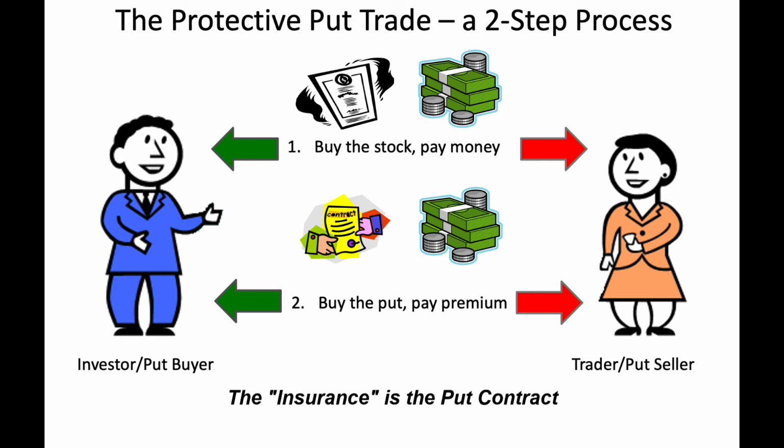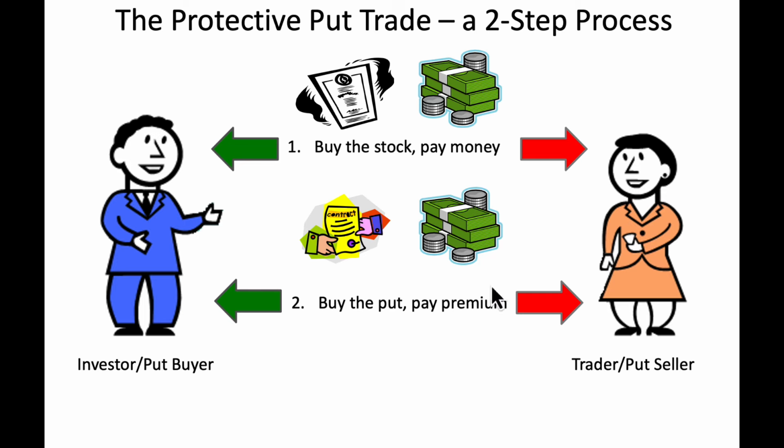So you, the put buyer, once again, give money to the seller of that put, which is going to be the trader as more or less the insurance company. You're going to buy the put from them and pay them money for that option. Once step one and step two are complete, you now have a protective put that you have on the books right now. So when you look at the cost basis of a position like this, remember, step one, you're buying the stock and you're paying money for that stock.